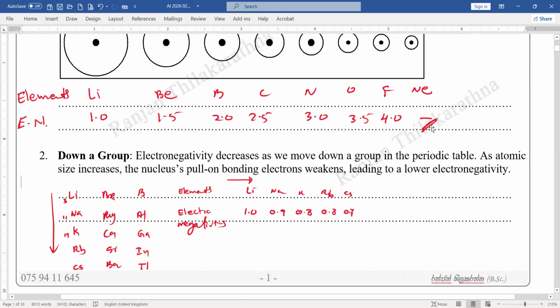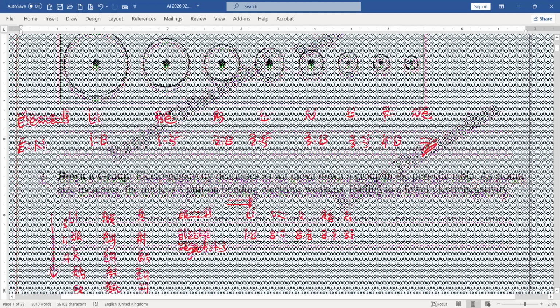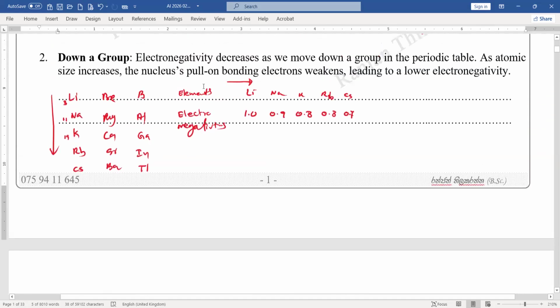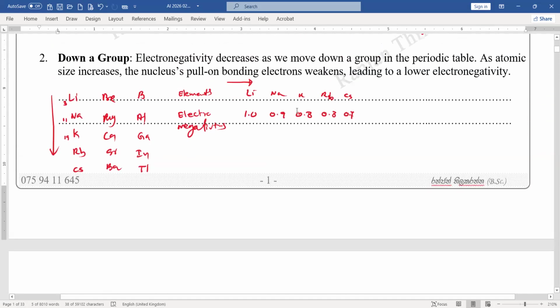So now we know the variation of the electronegativities across the period. It is increasing. Down the group, it is decreasing. That is the general rule.